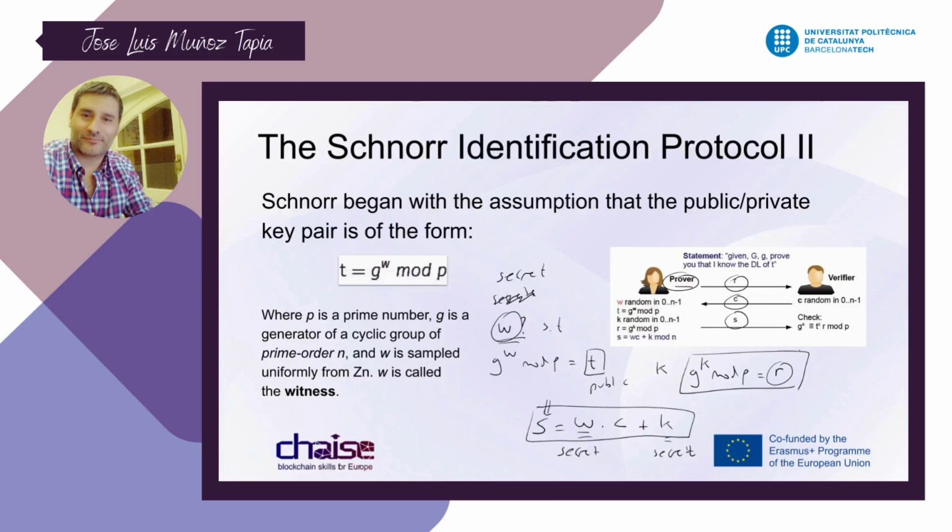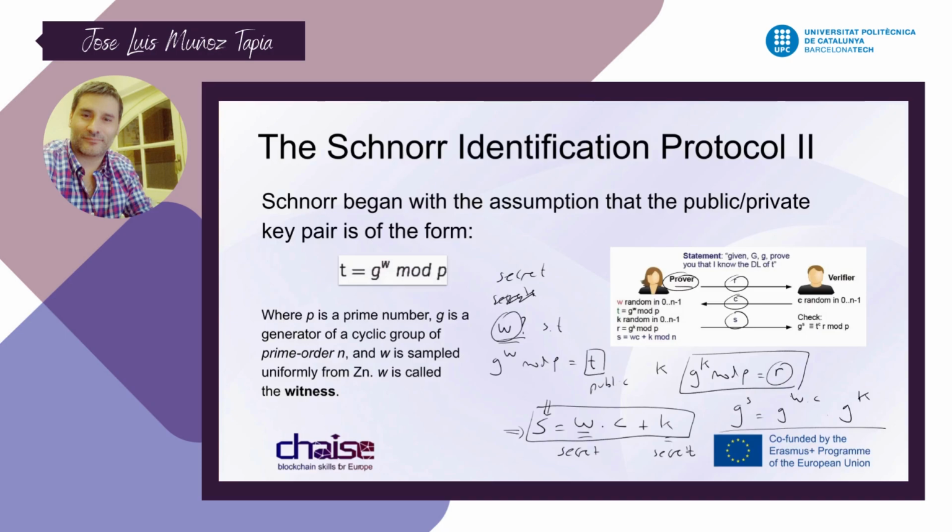And then the verifier essentially needs to check this equation in an encrypted, blinded way, taking G to the S equal G to the W times C times G to the K. This is the equation that we check. S, C, and R are public.